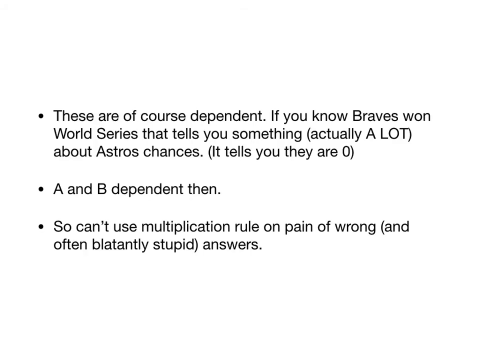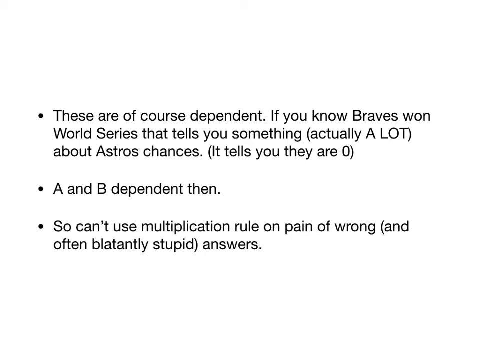What we've done wrong is that these are dependent statements. Remember, dependent means if you know that one statement is true, it tells you something about the chances the other is true. If you know the Braves won the World Series, it tells you the Astros had zero chance of winning, because they both can't win. If you knew the Astros won, you would know the chances the Braves won is also zero.